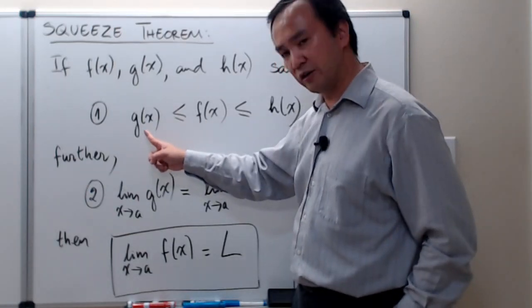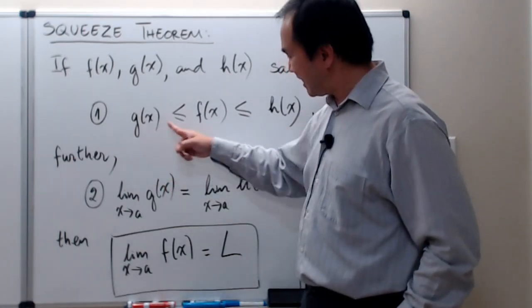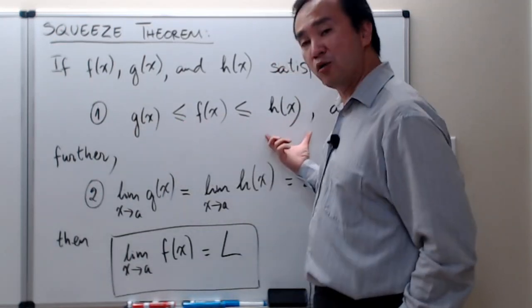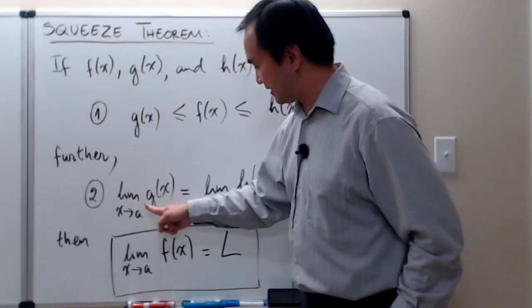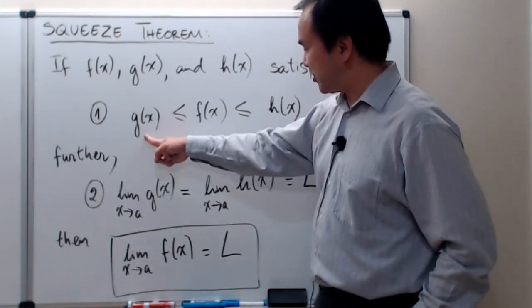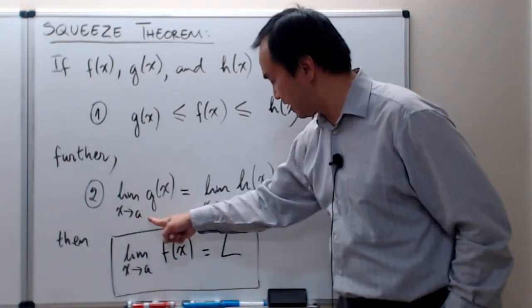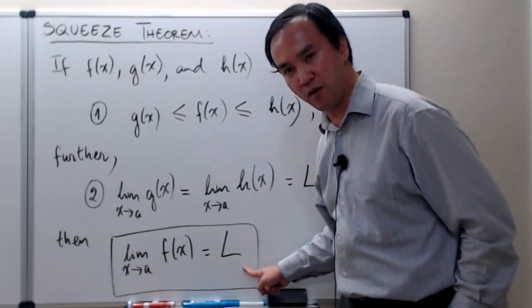So you're on your own to recognize these. As long as you can find that inequality boundary here, and also find that the two trapping functions g and h have the same limit L as x is getting close to that limit point, then you don't need to find a limit for this. It's going to be L as well.